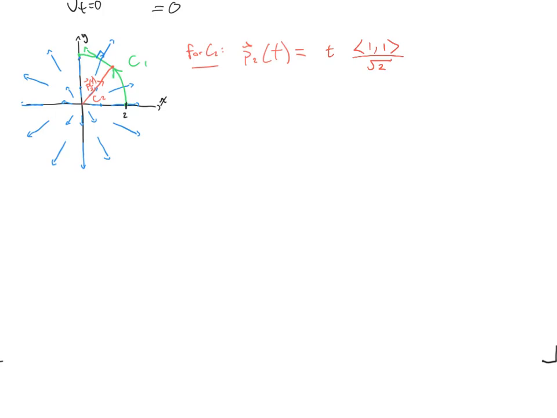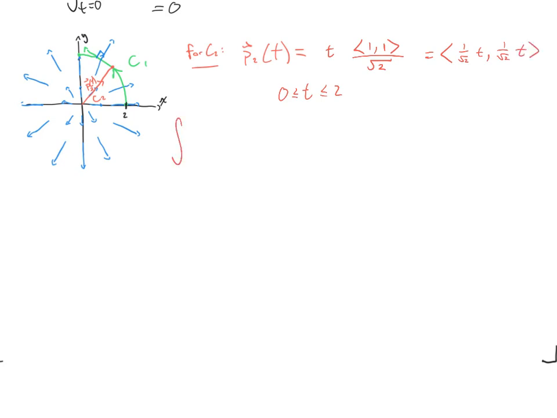And so t is now varying between 0 and 2. And t also represents how far you are from the origin. So t is counting the distance away from the origin that you are on this radial line. So, great. If I were to write this out in xy coordinates, this looks like 1 over root 2 times t, 1 over root 2 times t.